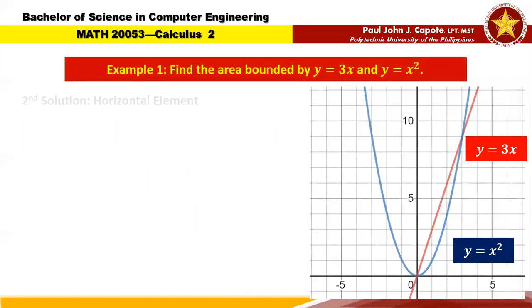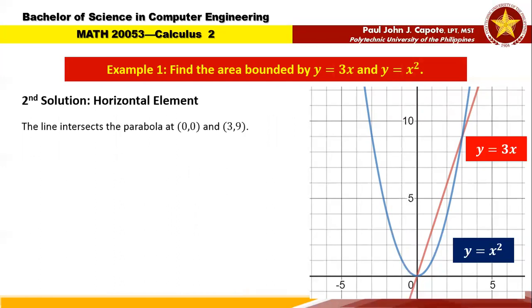We will apply next the horizontal element of area. The line intersects the parabola at points (0, 0) and (3, 9).